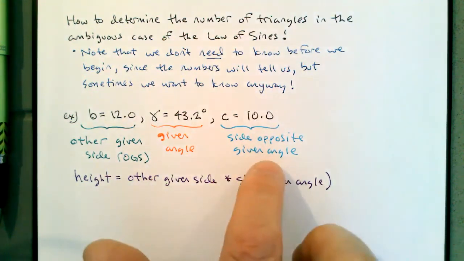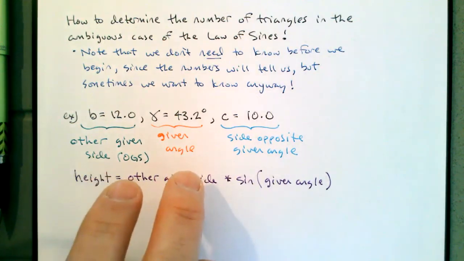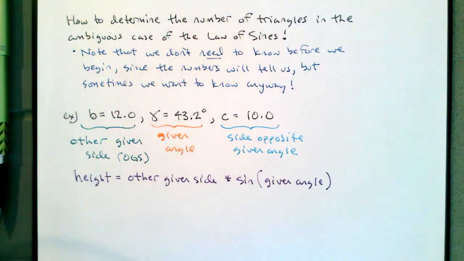The height is based on the other two things, the other given side and the given angle. So the number of triangles is determined by how the side opposite the given angle compares to the height of the triangle.